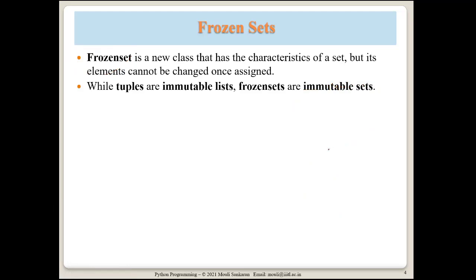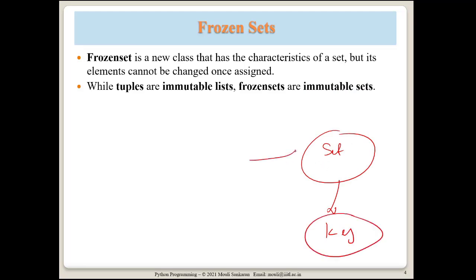Once we say that a set is frozen, then it becomes eligible to be a key, because you can apply a hash function and compute a key or an index into a hash table. So let me tell you, hash function is the algorithm or a function which is applied on an input that you are giving. It could be an element in a set.